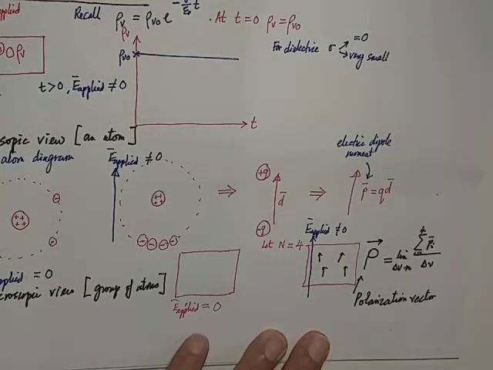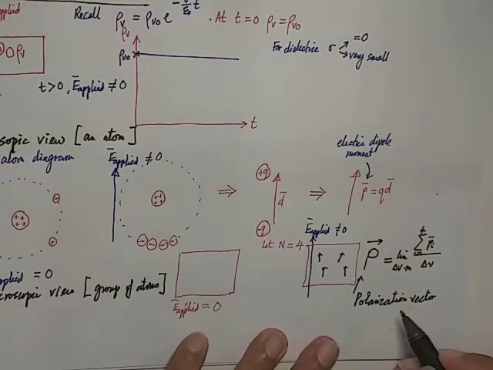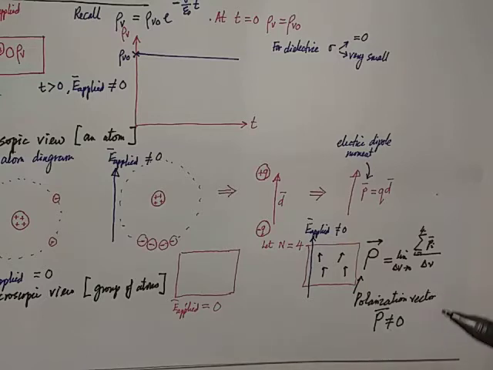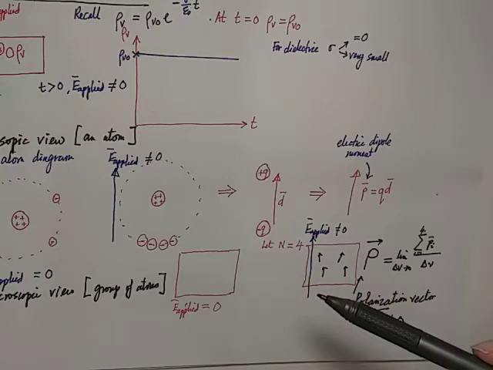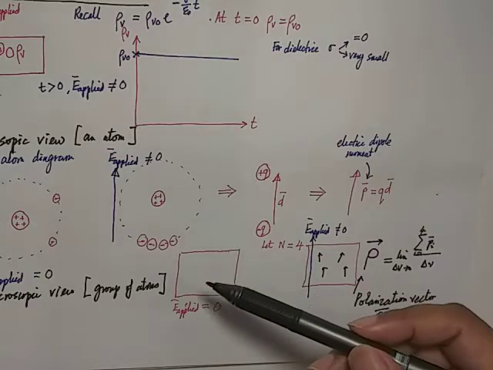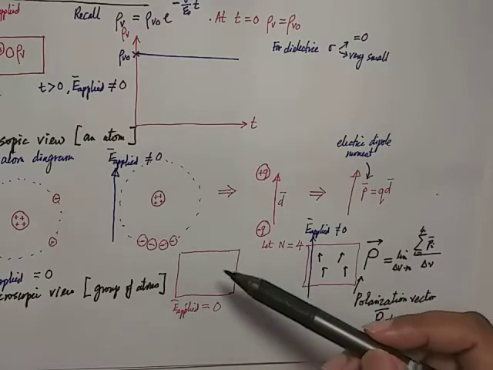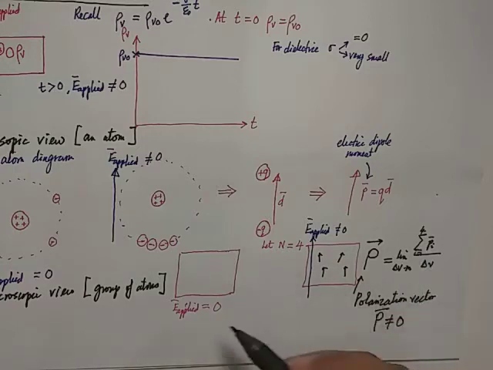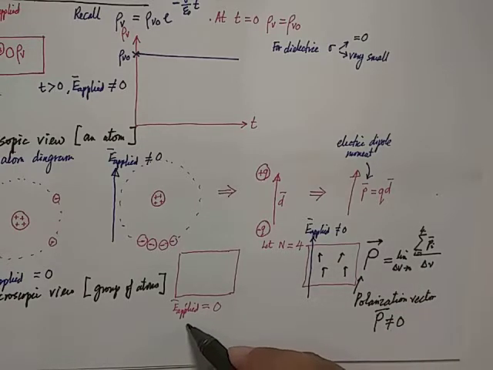Okay, so for this case, we know that this value, the capital P, will not equal 0, because from the diagram we can see all the small p are in the same direction, therefore they contribute to the appearance of the polarization vector. Whereas in the original dielectric, since there's no small p, the sum will be P equal to 0.